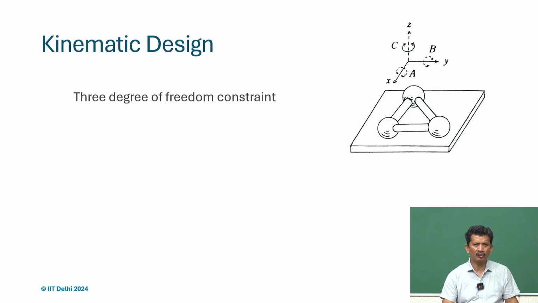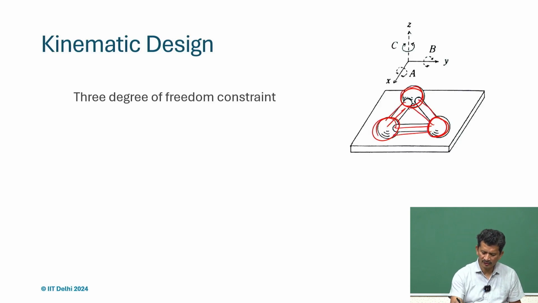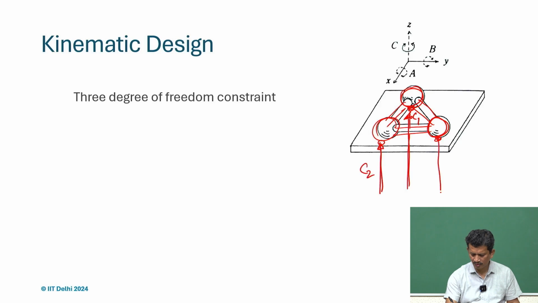If we extend the same concept and now we connect 3 spherical balls rigidly. So, we made a connection and we connect them. So, what happens in this case? We have now, suppose, C1 here, call it C1, C2 and C3.